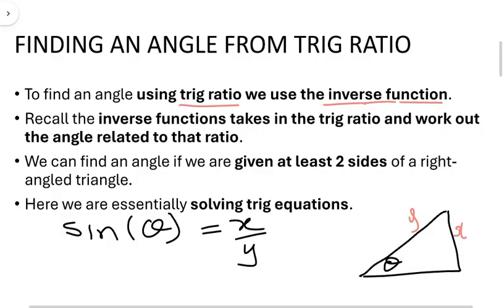So if you substitute an angle in sine, it is going to work out a ratio. The normal trig functions relate an angle to a ratio, but an inverse relates a ratio to an angle. So it works in reverse, or in the opposite direction.